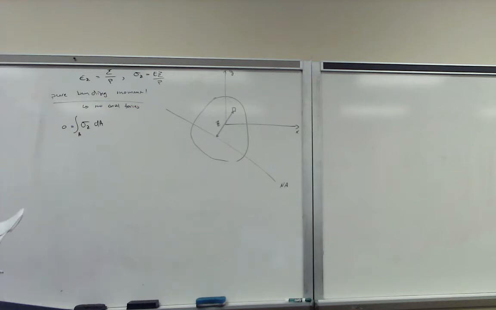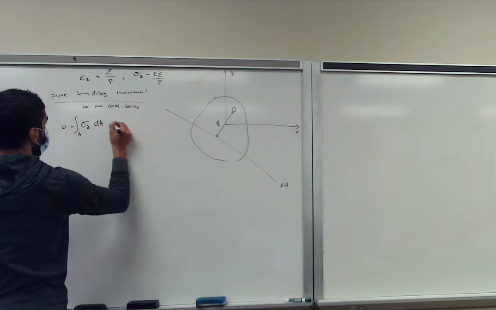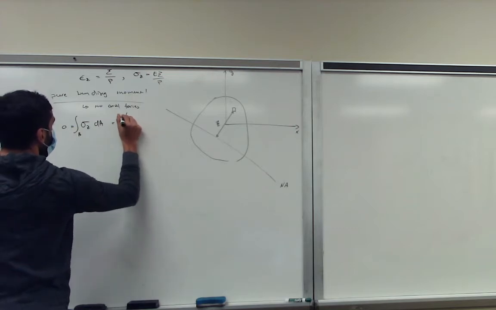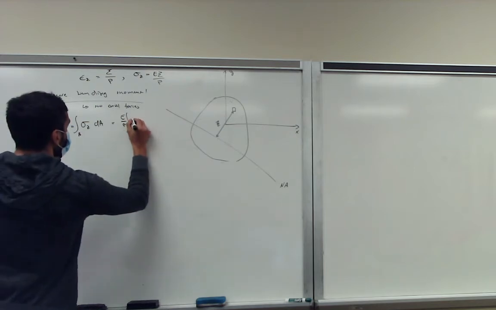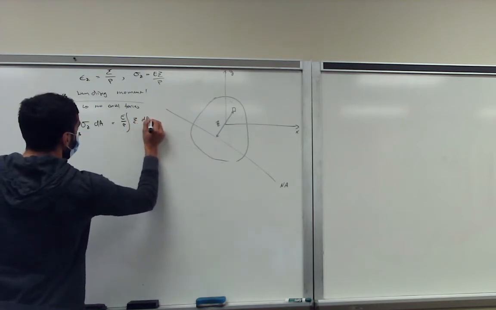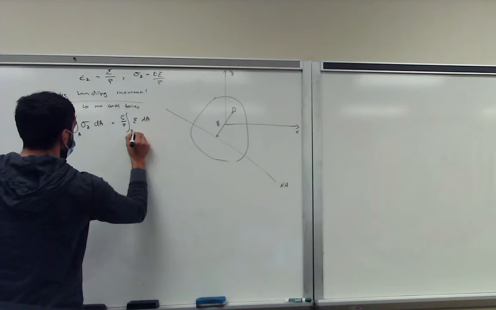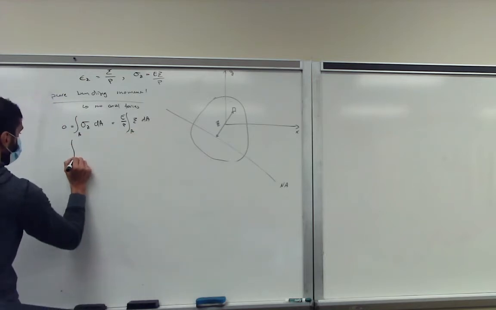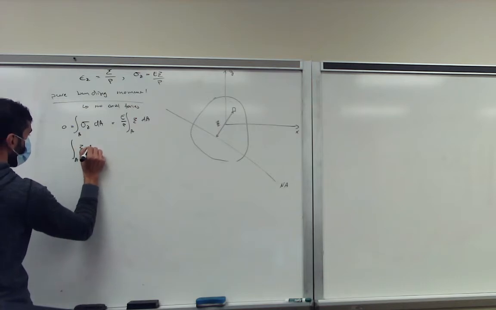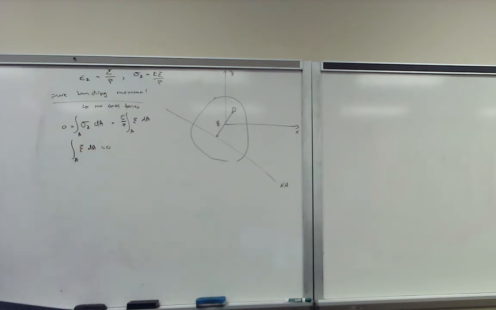So what does this mean? We can plug this into it. We get E over rho outside of it, since those are constants, and we have the integral of psi dA. So basically, for this to be true, our integral over the area of psi dA must be equal to 0.